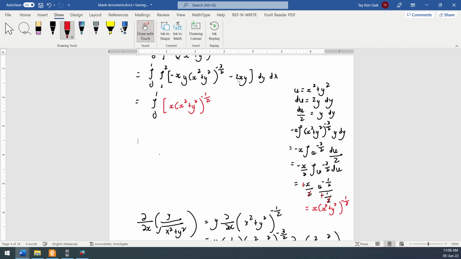Integrating negative 2xy with respect to y, you get negative 2x times y squared over 2, and the 2 and 2 cancel. The limits for y are 1 to 2. Lastly, integrate with respect to x.